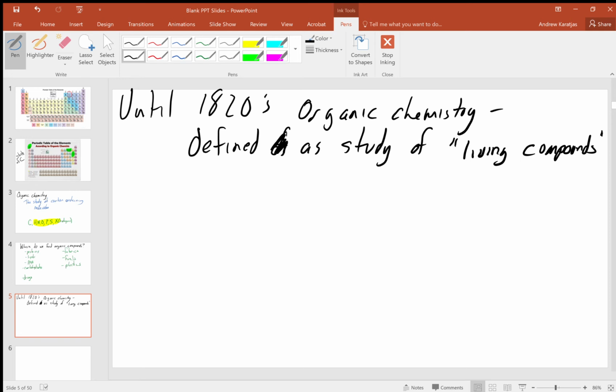That's kind of a strange definition. Not even sure what they meant by that definition. But largely what they meant was organic molecules were compounds that were derived from biological sources.